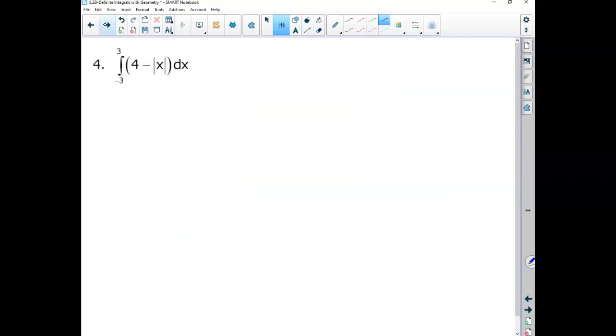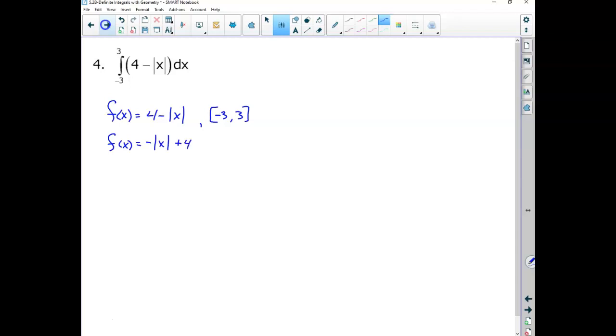Number 4 turns us to a little bit different one. What's my function? It's easy to identify: it's 4 minus absolute value of x. Do you remember what the absolute value function looks like? It's the area bounded from -3 to 3. I'd rather look at this as the opposite of the absolute value of x, plus 4.